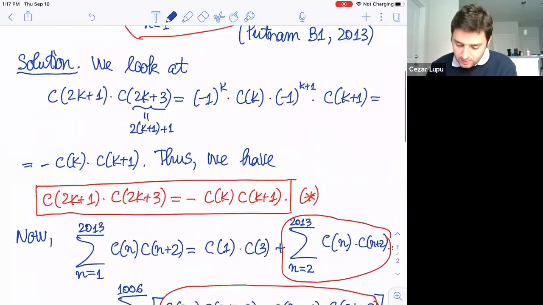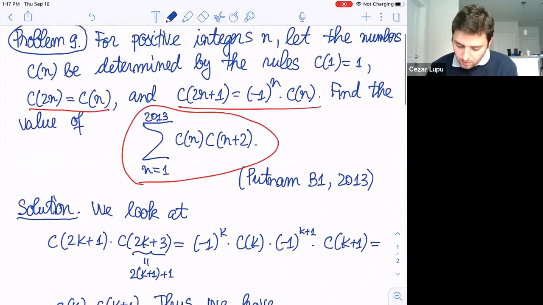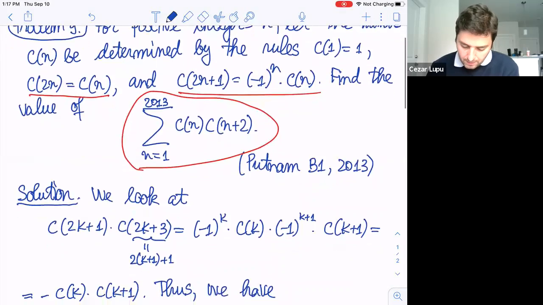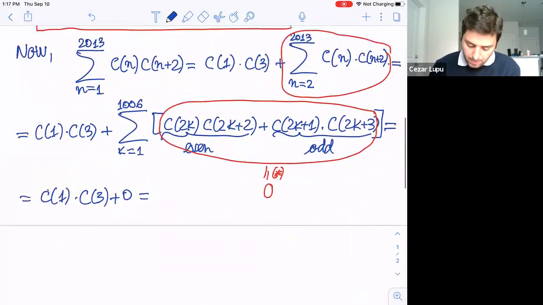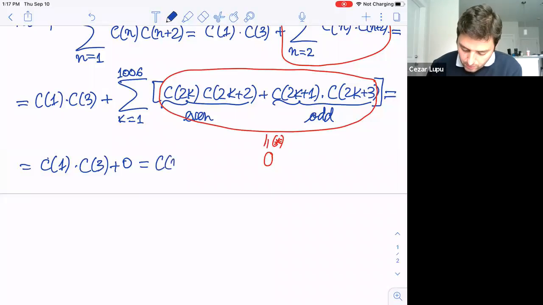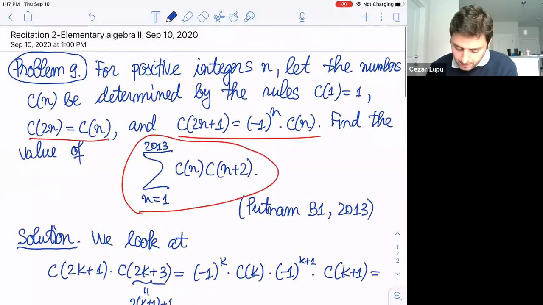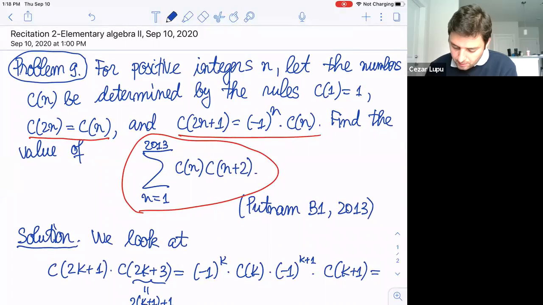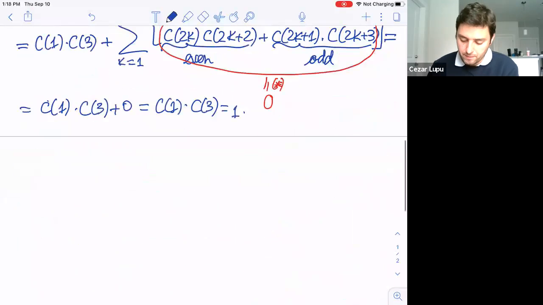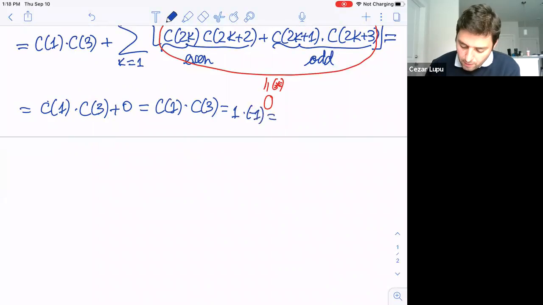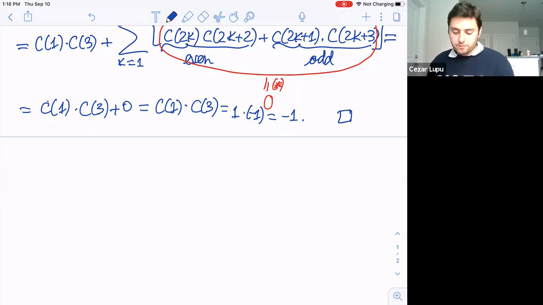So C1 was 1, which is C1 times C3. This was 1. And C3 will give us what? If you plug it in, will give us -1. So this is just -1. That's it. That was the trick. Anyway, this was the first problem.